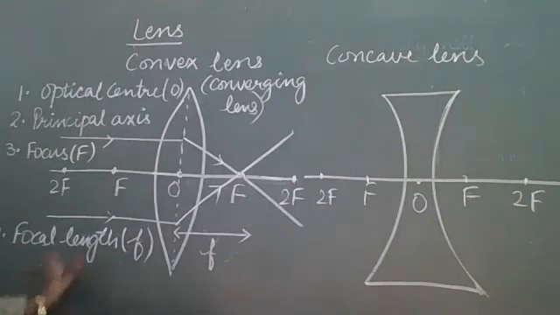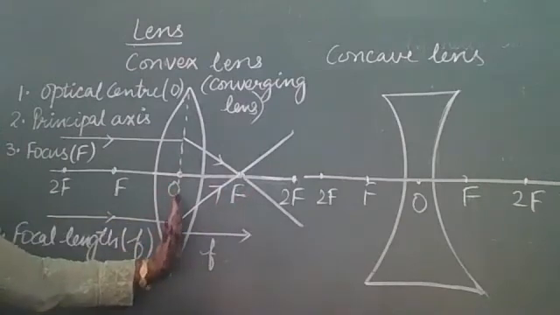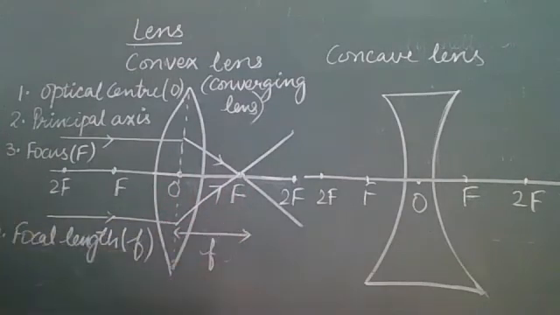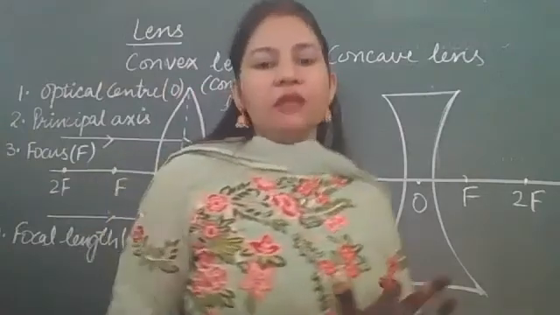So focal length is the distance between O and F, the distance between optical center and focus. Okay, so these are different terms related to convex lens.